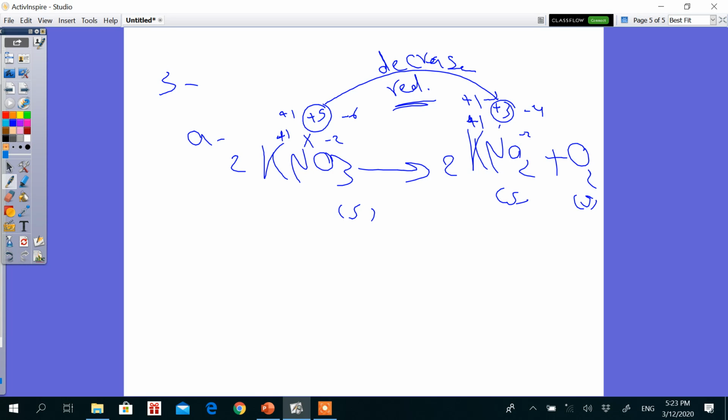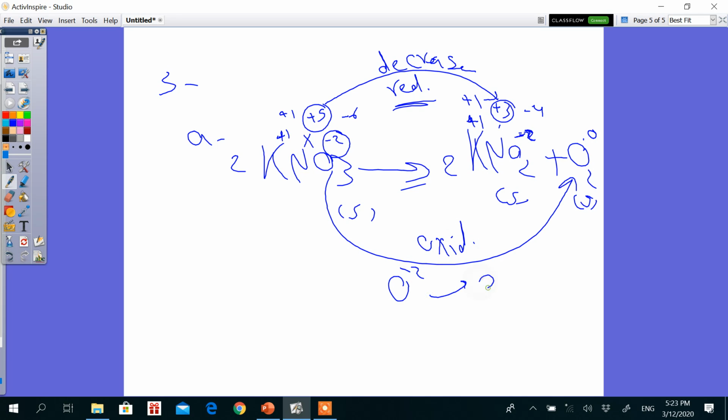And what about the oxygen? The oxygen here is negative 2, and that oxygen is negative 2, nothing will occur. But negative 2 to 0 is my oxidation. Oxygen goes from negative 2 to oxygen as an element, O2, which is 0, because it is not in a compound.